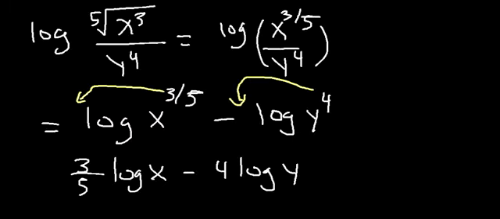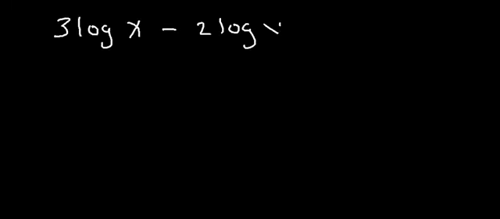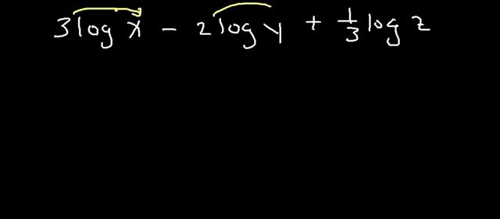So now, let's try the reverse. Let's work on combining it into a single log. So let's say you have 3 log x minus 2 log y plus 1/3 log z. So first, move the coefficients back to the exponent position.